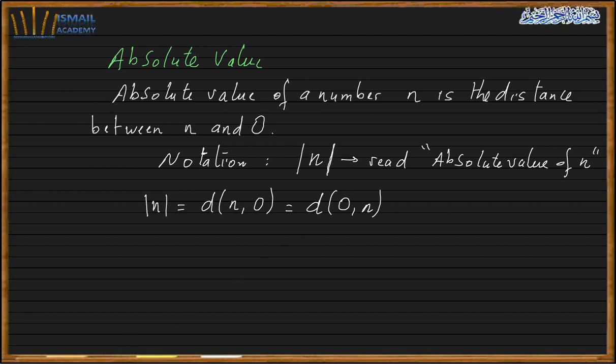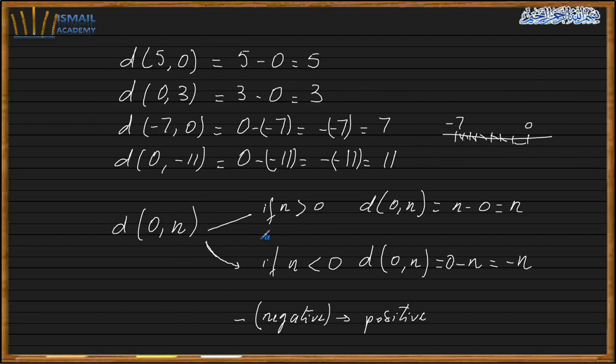Either do it this way or write it this way, it does not matter, it means the same thing. So as we saw just previously, the distance may be equal to n or minus n, depending on the sign of n, if n is positive or n is negative.